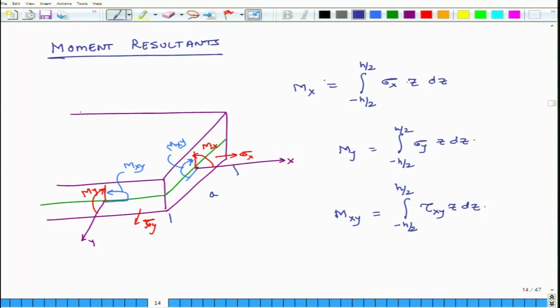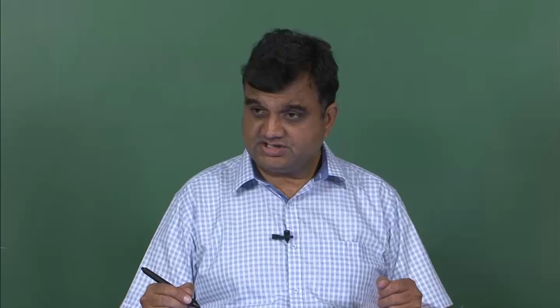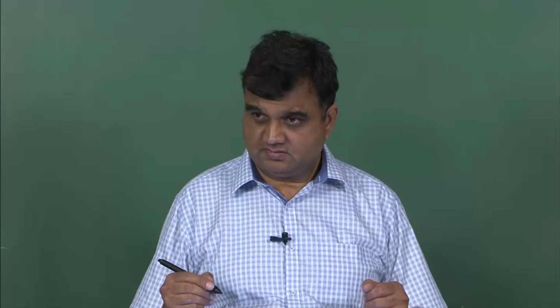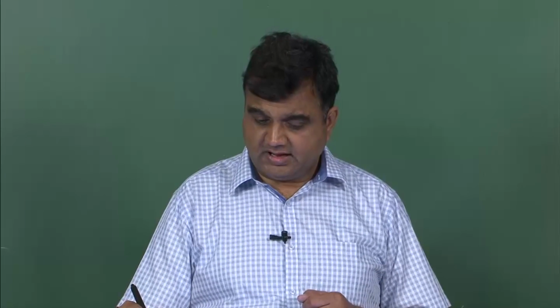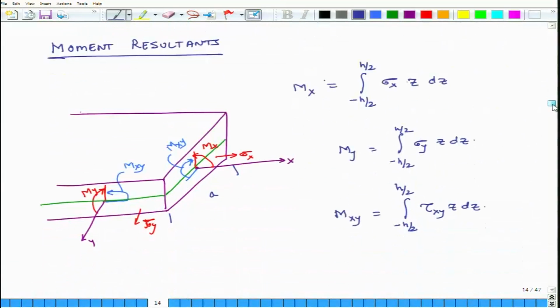So, essentially what we are calculating right now are forces acting on a plate per unit length on each edge and moments acting per unit length on each edge. Forces per unit length are defined by n's, which are integrals of sigma x dz, sigma y dz and tau xy dz, and moments per unit length are mx, the integral of sigma x z dz, my, sigma y z dz, and mxy, tau xy z dz.